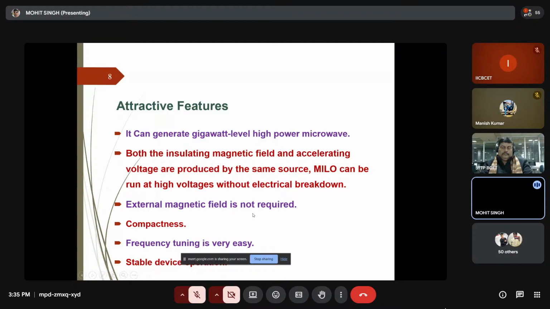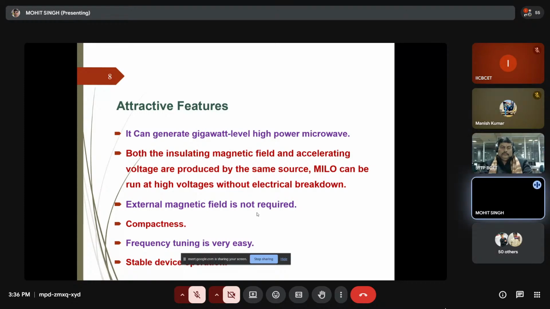Next, an external magnetic field is not required. The external magnetic field required for focusing the electron beam needs a very large structure; very large magnets are required for focusing. But the beauty of the magnetically insulated line oscillator is that no external magnetic field is required, and due to that our device becomes much more compact.